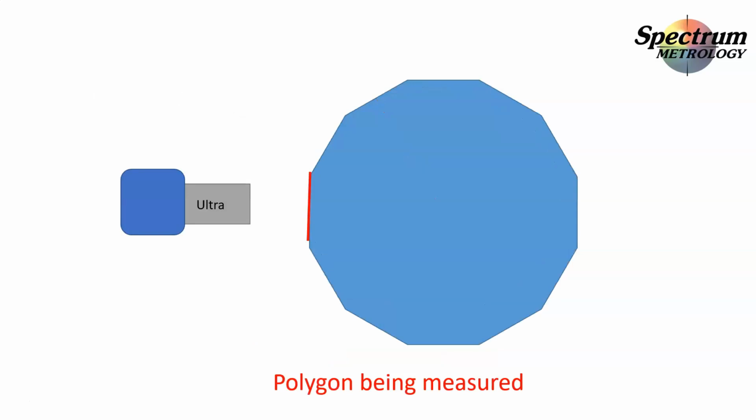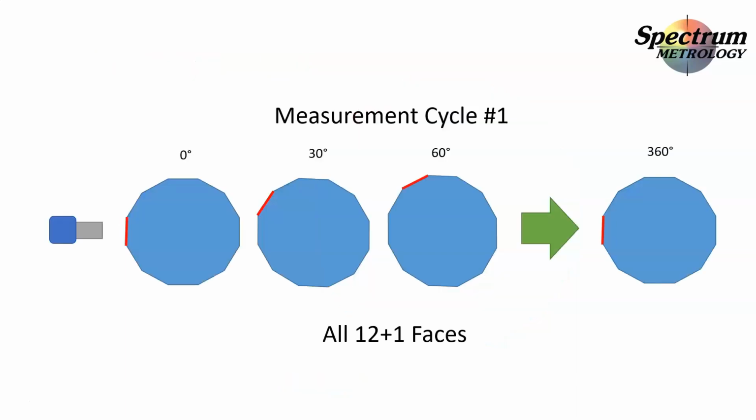It may have a face which has an error, and as that rotates, we see that error rotate with the polygon. What we can therefore do is put the polygon on and measure at each 30 degrees, including the first face again.